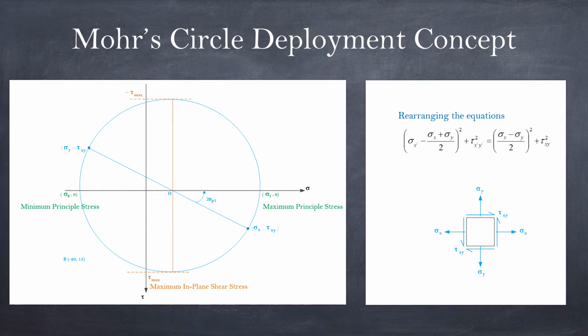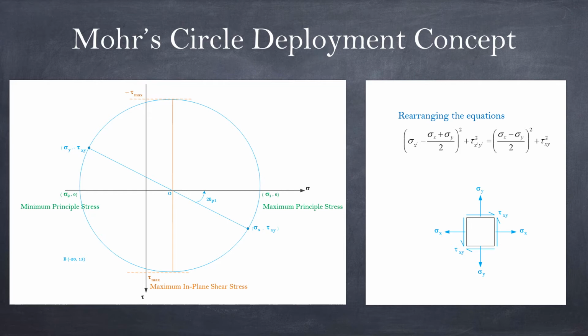Because of how we rotate the element, the textbook I reference puts shear stress tau positive downwards and normal stress positive to the right hand side. So when we turn the element, the stress line will turn the same way. Otherwise, it might turn differently depending on the textbook you use, but this one will turn the same way.